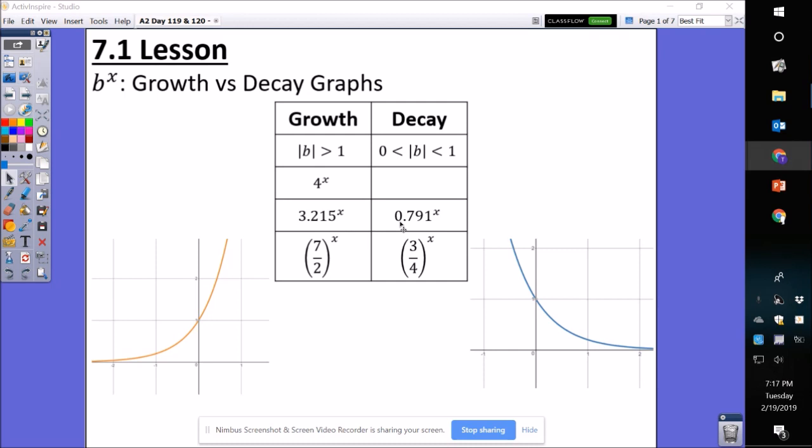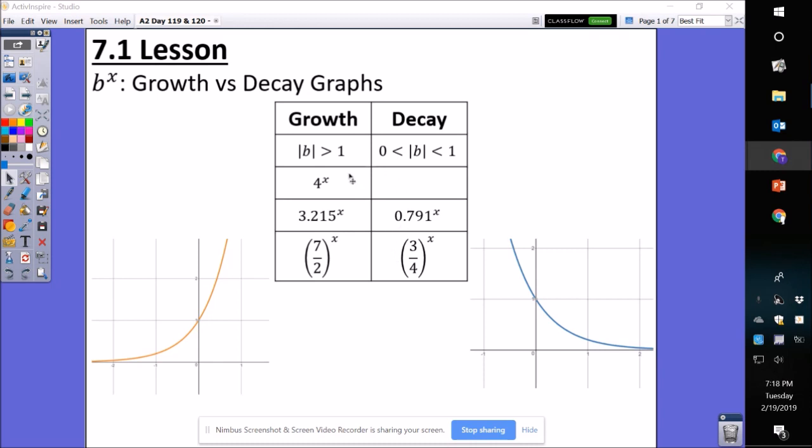For the decimal number, 0.791, that is less than 1. And then for the fraction, 3/4, if the numerator is less than the denominator, then the fraction is less than 1. So when you have a decimal number or a fraction that is less than 1, the graphs will be very similar to the blue graph at the bottom right.